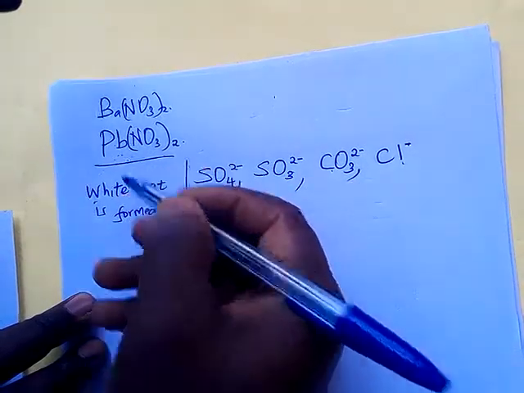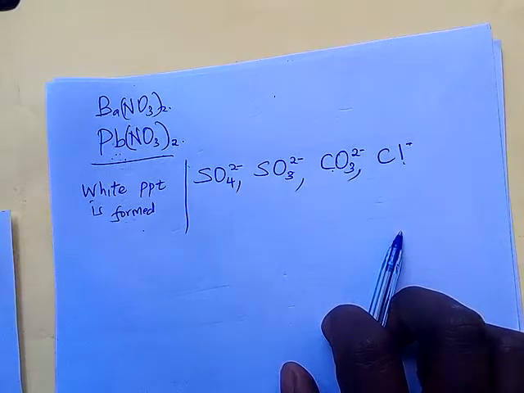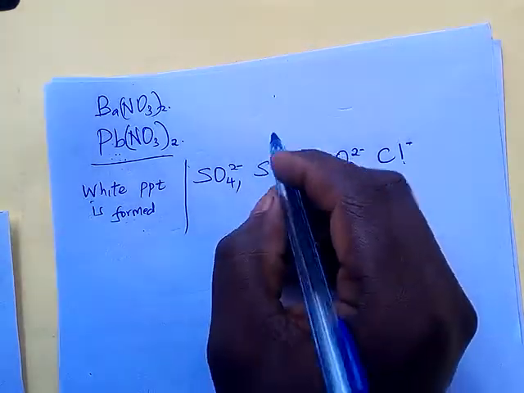So lead chloride, we know, is a white precipitate. All chlorides are soluble except lead chloride and silver chloride. We know that. So these are the inferences.